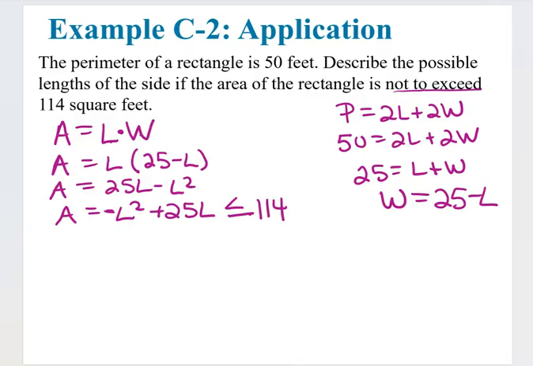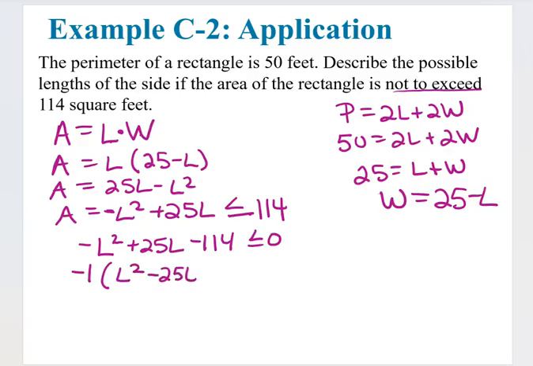All right, so I'm going to clean this up a little bit. So negative L squared plus 25L minus 114 has to be less than or equal to 0. I'm going to factor out that negative. So that's going to leave me with L squared minus 25L plus 114 is less than or equal to 0. Okay, I like that a lot better.